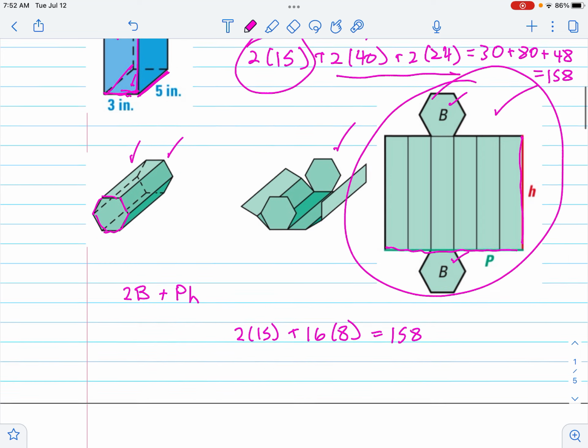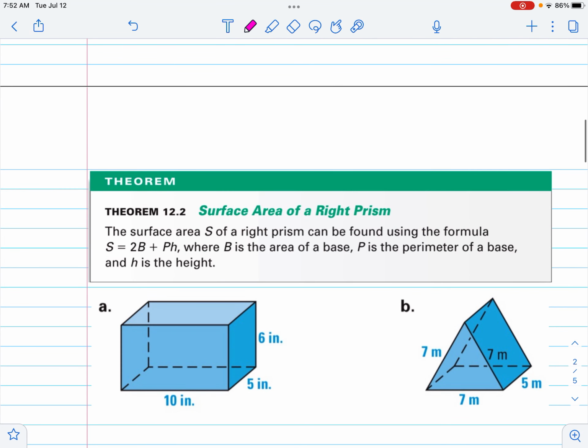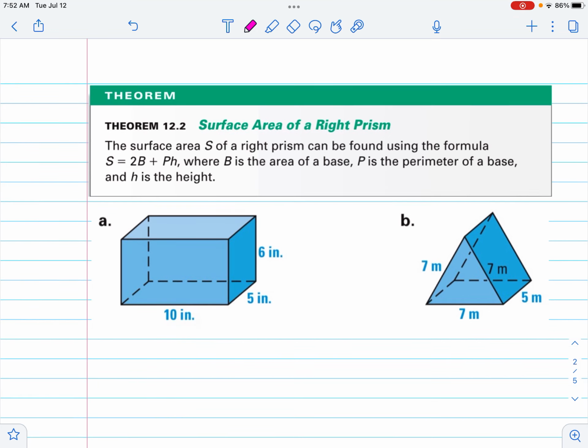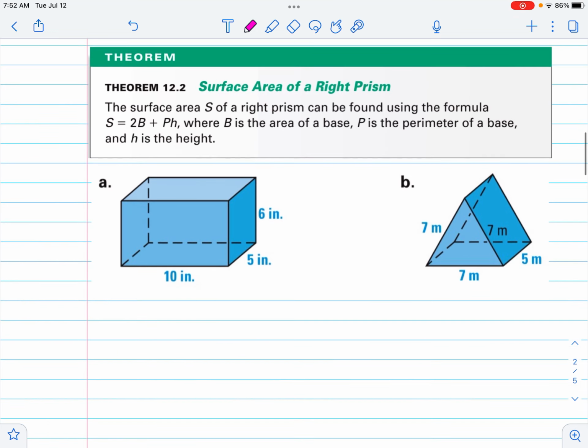So what we have is this formula that we can use for the surface area of a right prism. It has to be a right prism. So let's see how this would work for part A here. We've got 2 times 50, that's the area of the base, plus the height times the perimeter of the base.